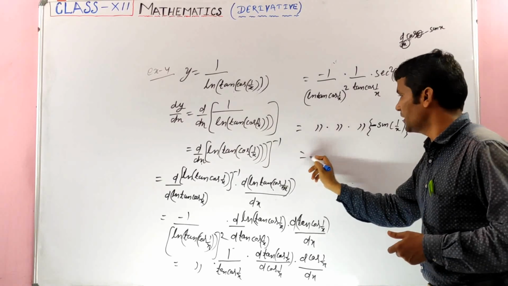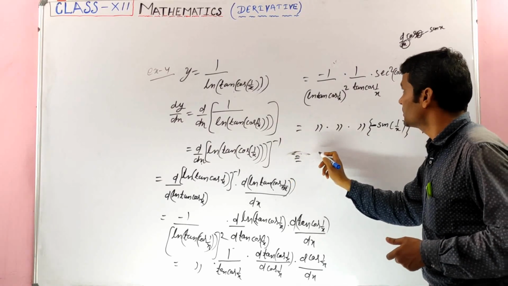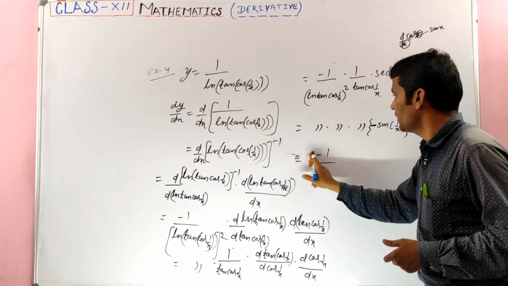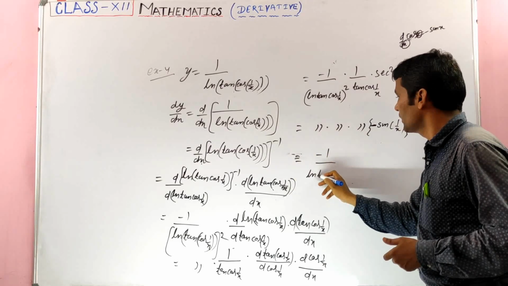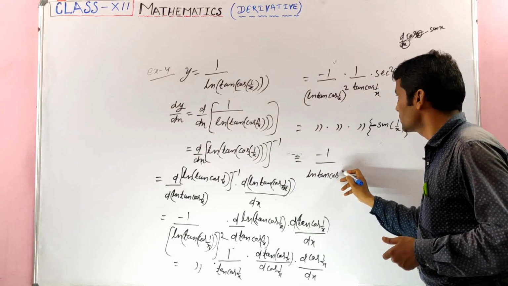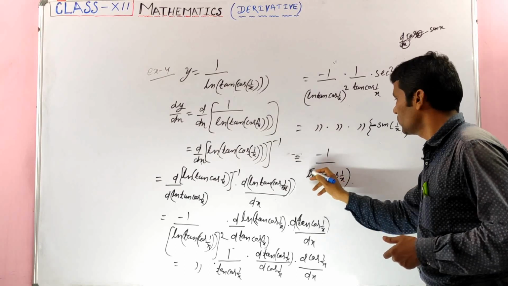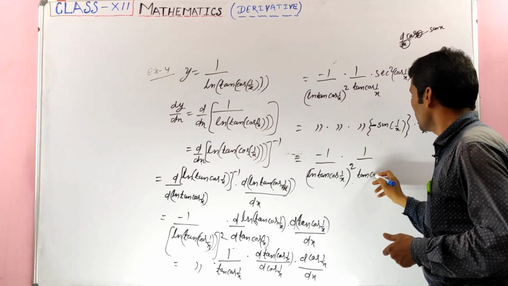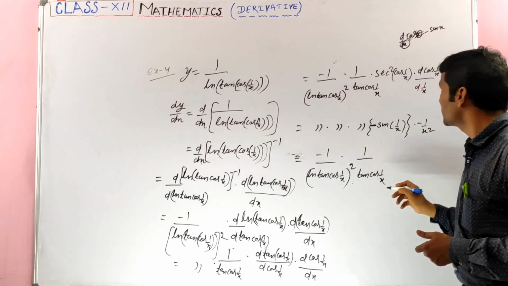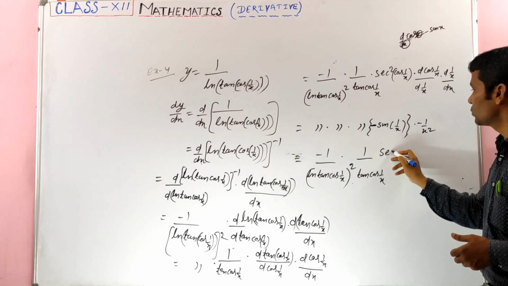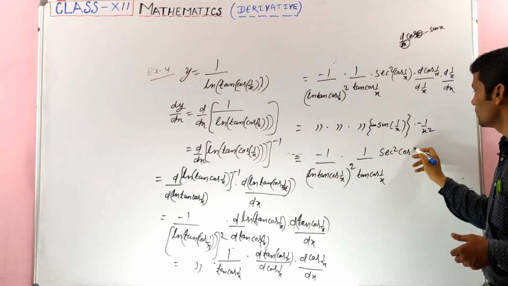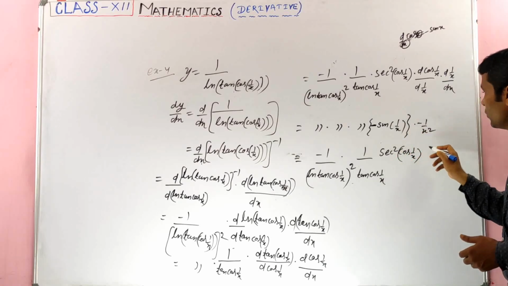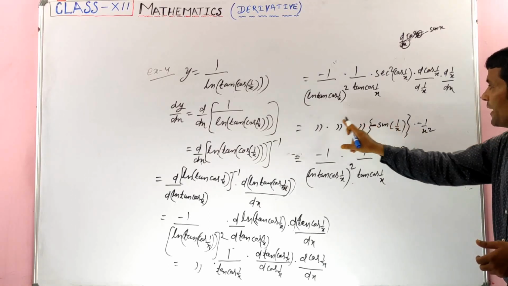So our final answer is minus 1 by ln tan cos 1 by x whole square into 1 by tan cos 1 by x into sec square cos 1 by x into minus, here minus, here minus.